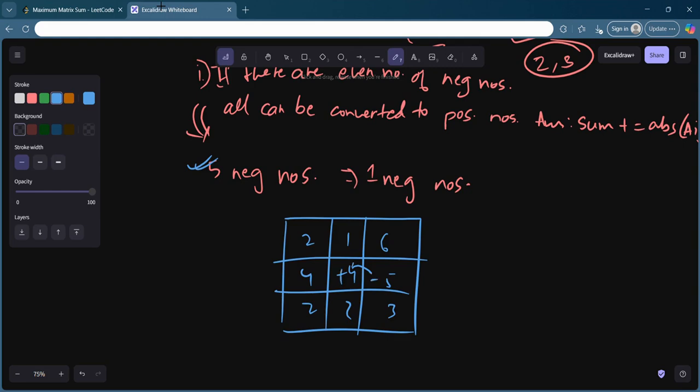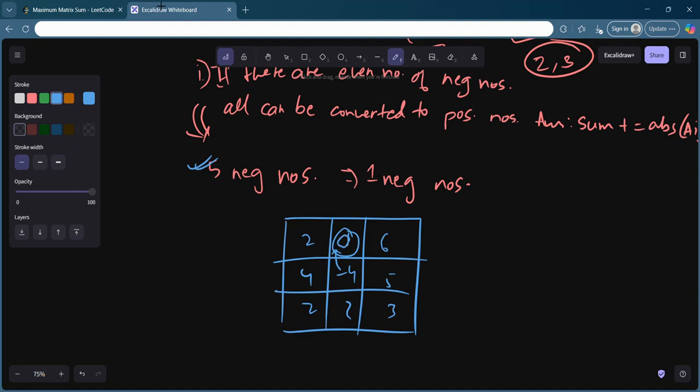Okay, since you want to keep the sum of all elements of the matrix to be the largest possible, you would want to place this negative sign at the place where there is the smallest absolute value. So if there was some number, let's say this was 2, and let's say this was 1, I would want to transfer my negative to the smallest absolute number.